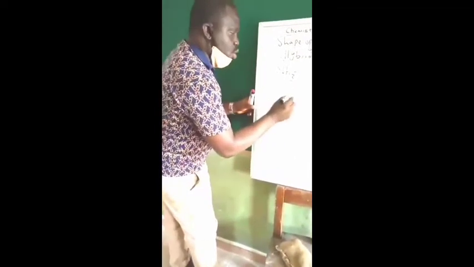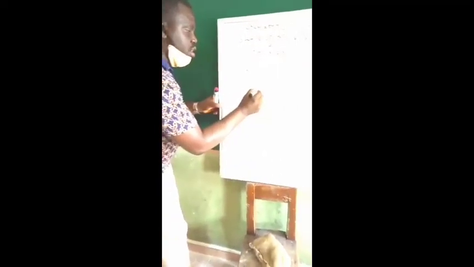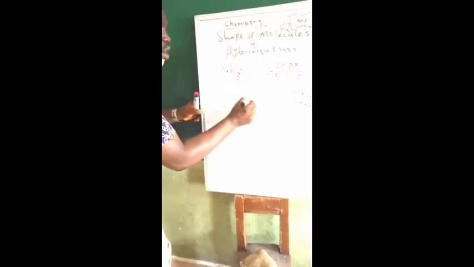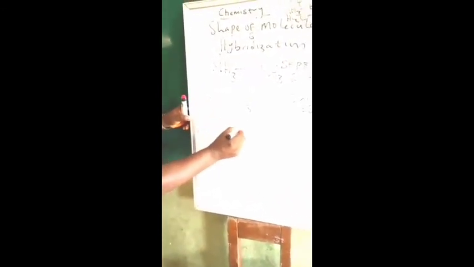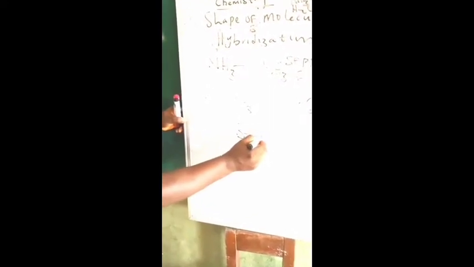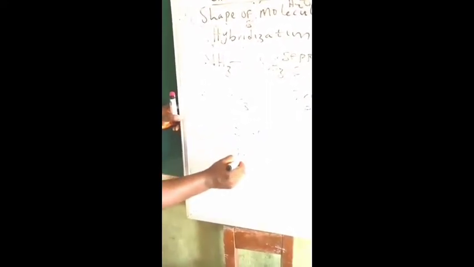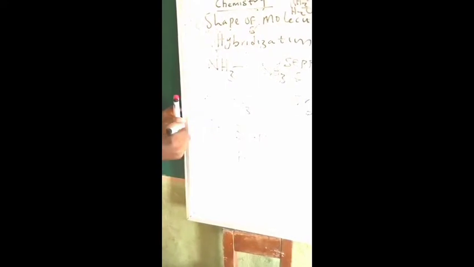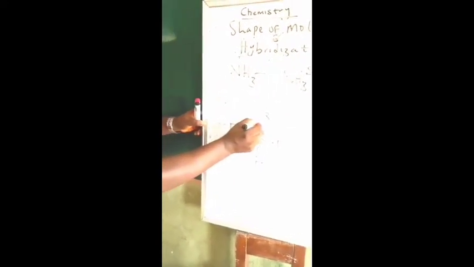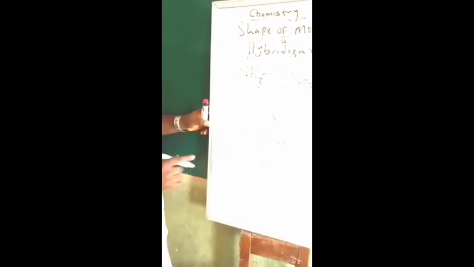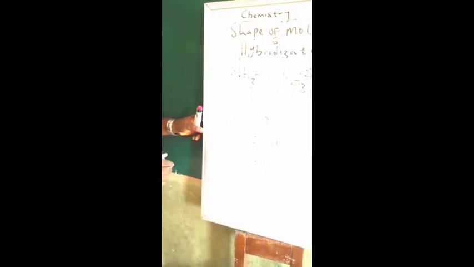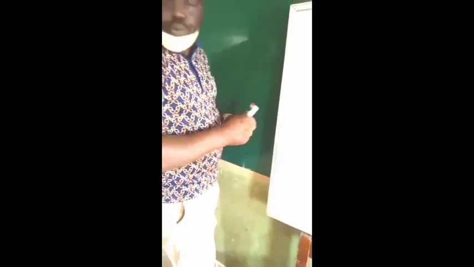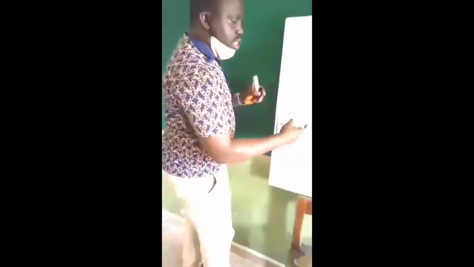Okay, so for the Lewis structure of this, B is the central atom. You have the fluorine, the fluorine, the fluorine. Going to the VSEPR theory now.